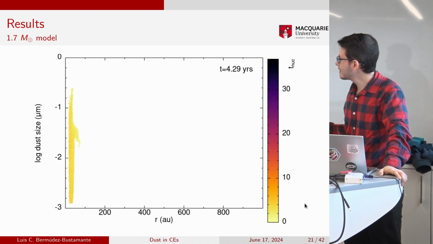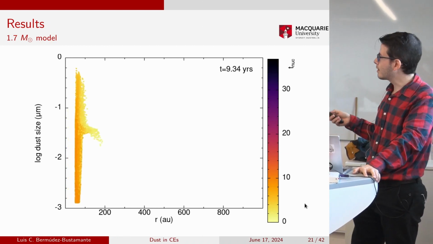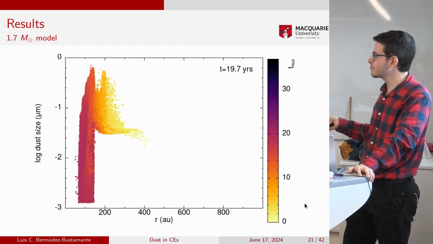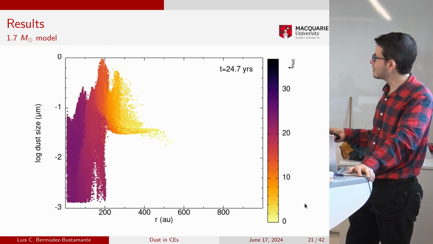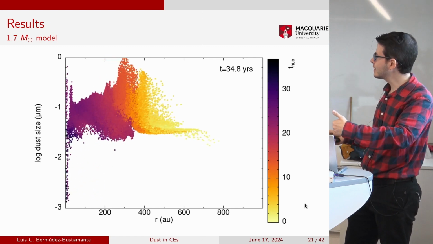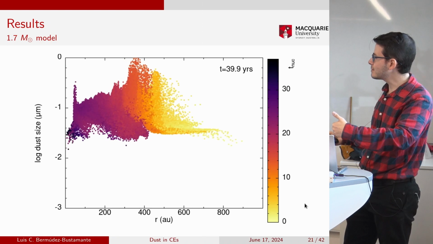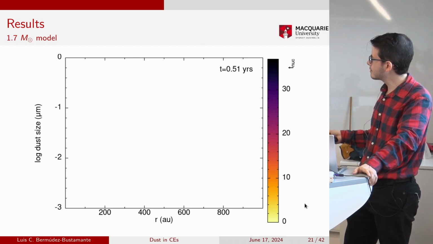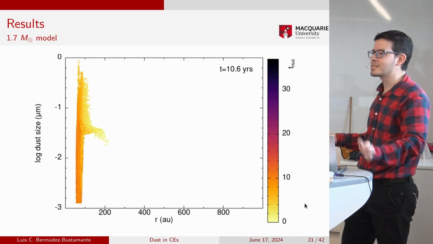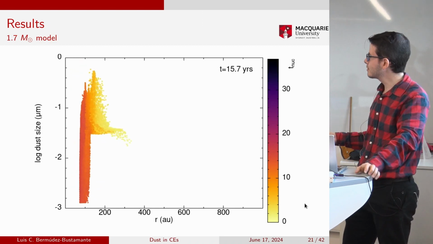Okay, and this is again the nucleation time, a video, but for the dust size, the size of the dust grains. You can see here, for example, that for the first dust grains, the lighter colors, the range in size is narrow, compared, for example, with later times.